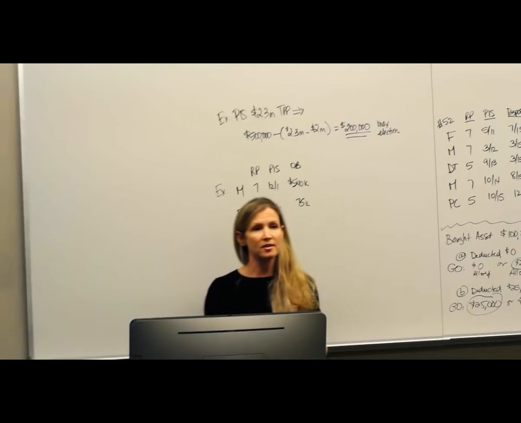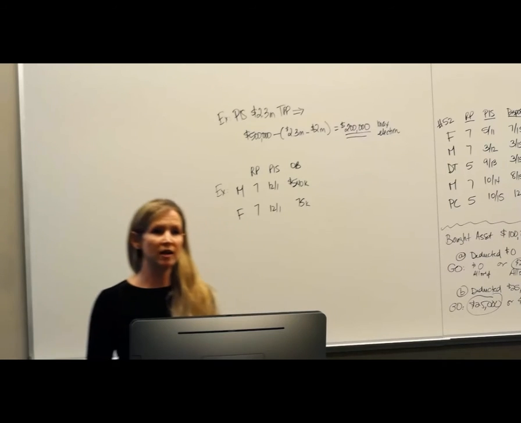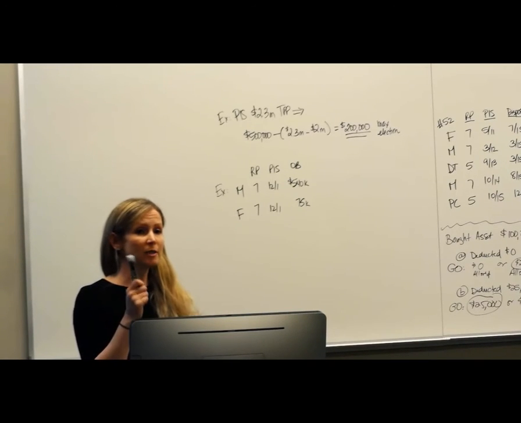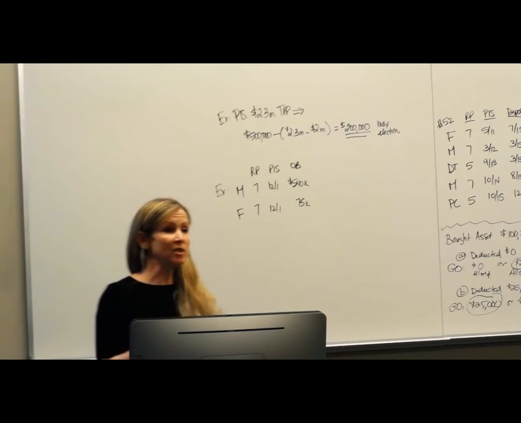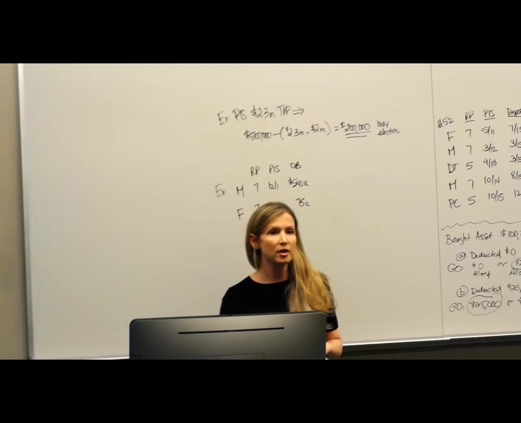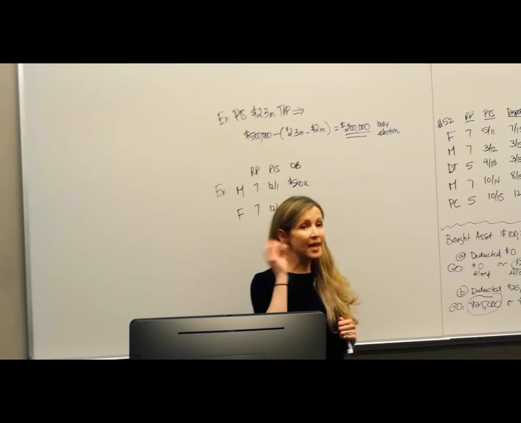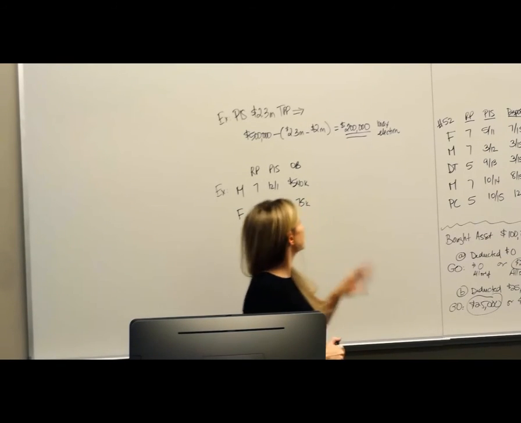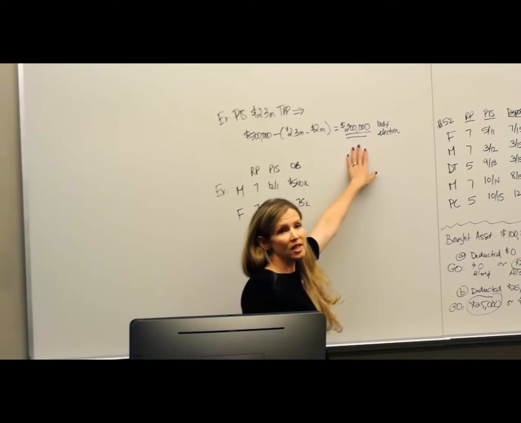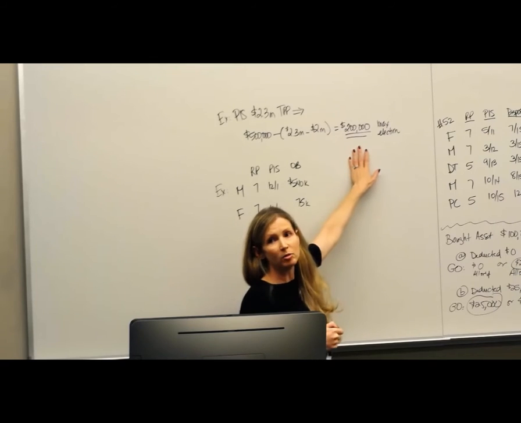Everything else has been deducted except for 179. Then you look at your taxable income and you see how much taxable income is available to you, okay? And then you can make your 179 deduction. So you can take 179 up to the extent that there is taxable income available to you.